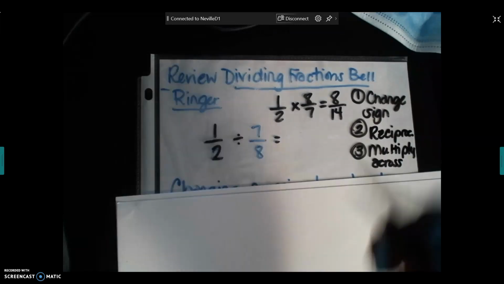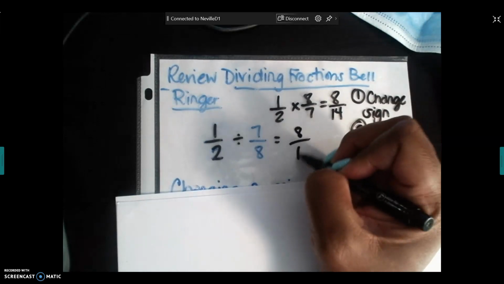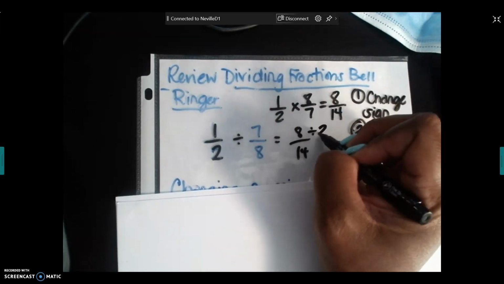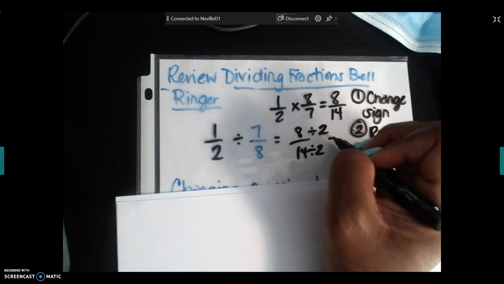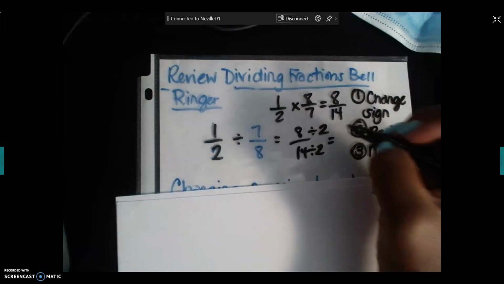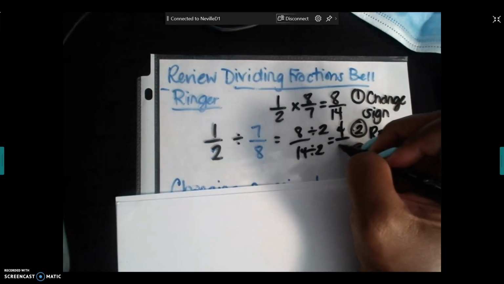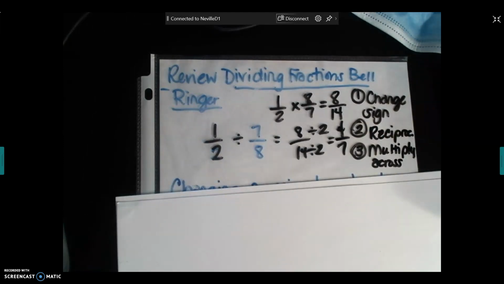So when I find that GCF, I'm going to divide both of those. And that's going to give us 4/7. How do I know that's in simplest form? Emerson? Very good.